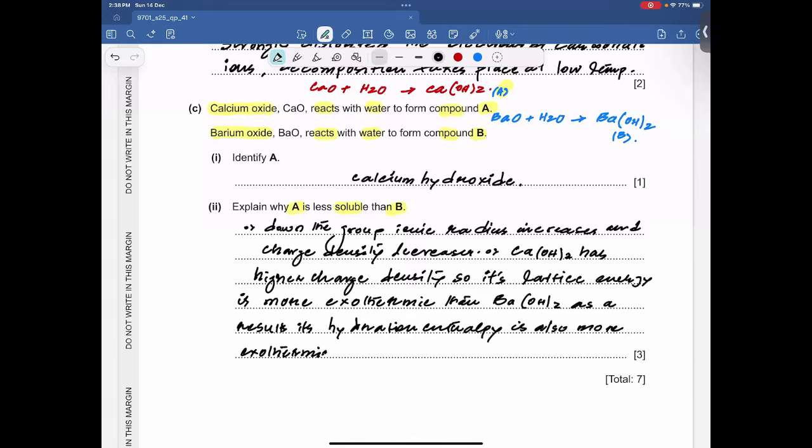Hence, the standard enthalpy change of solution becomes less exothermic. And that's the end of this first question.